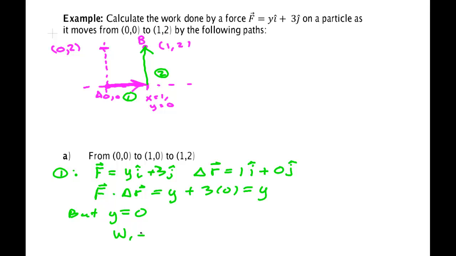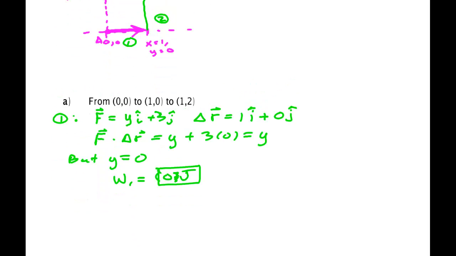So the work on path 1 is 0. And that's 0 joules. So no work is done along that part of the path. Now, that's just for 1. Now we've got to find the work done on the second part of the path, part 2.